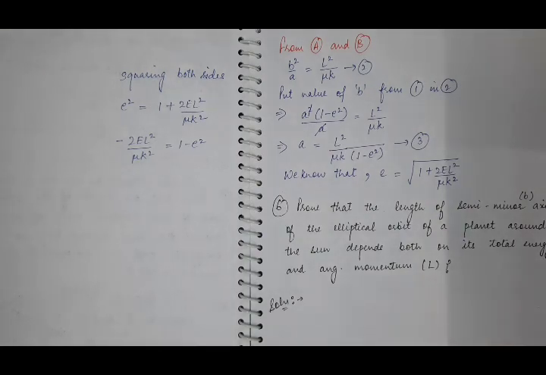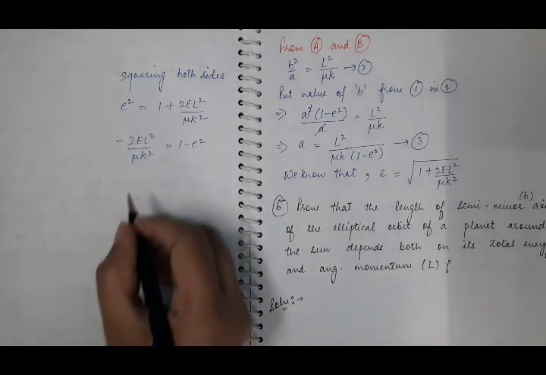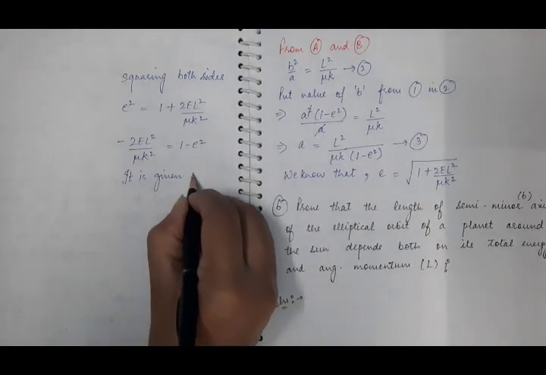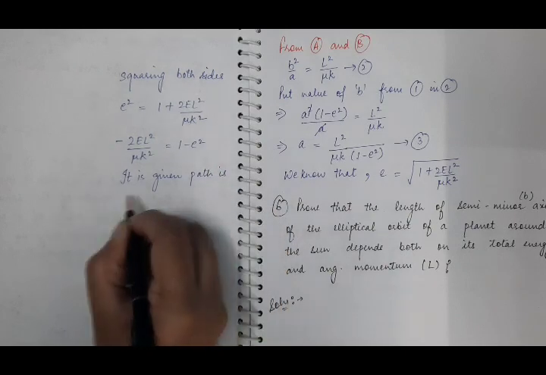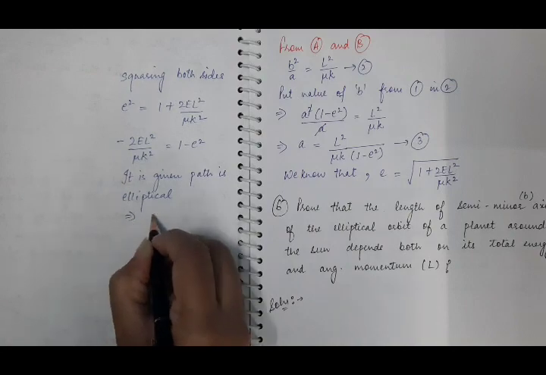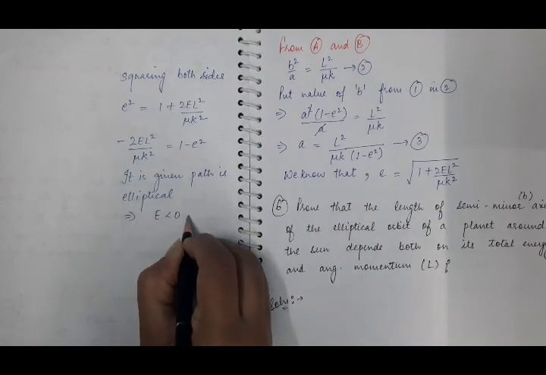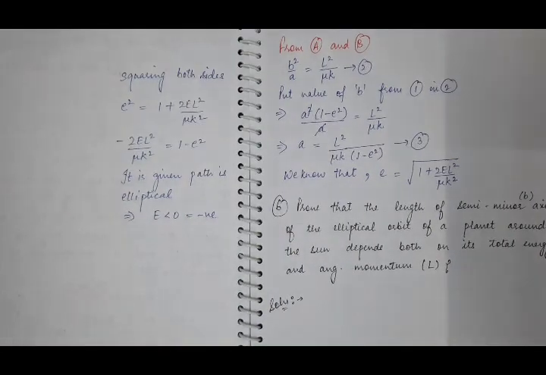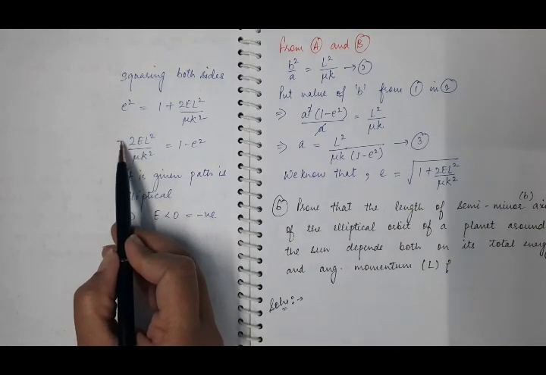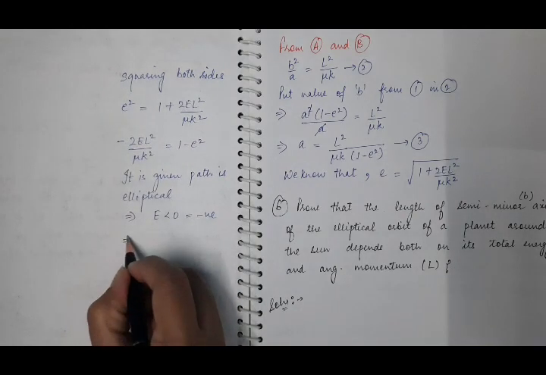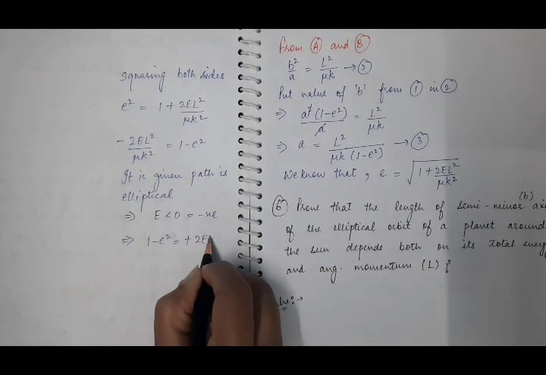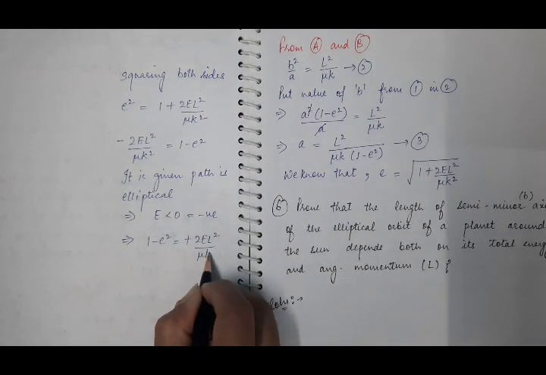And now one more thing is given in the statement. It is given that the path is elliptical. If the path is elliptical, this implies energy is less than 0, that is, energy is negative. If energy is negative, then negative and negative will make positive. So we can write this 1 minus E square as equal to plus 2E L square by mu k square for an elliptical path.